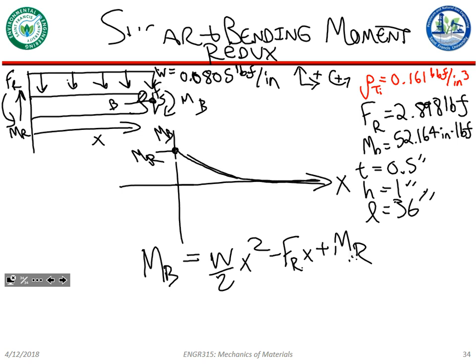Something like that. Because it's opening up, it'll decrease quadratically to the end of the beam where it should equal 0. All right. We happy with this?